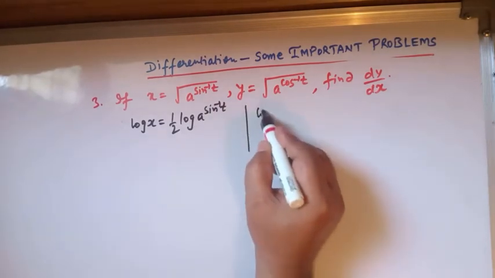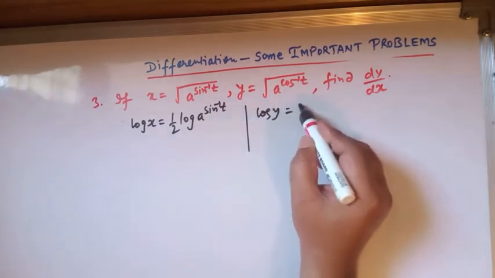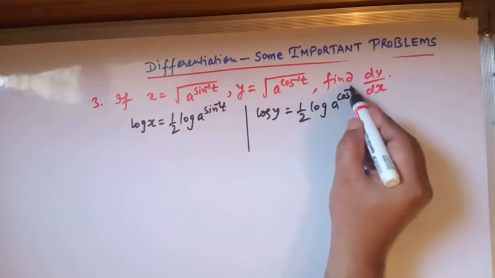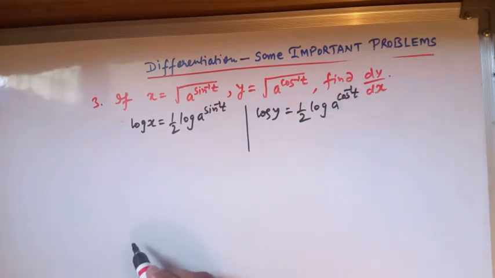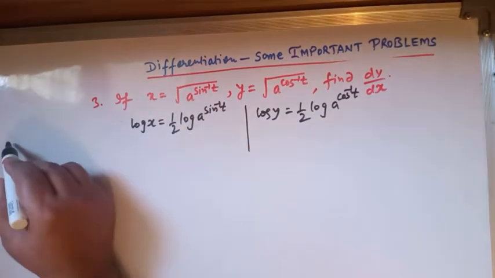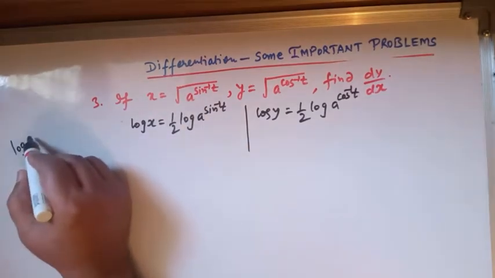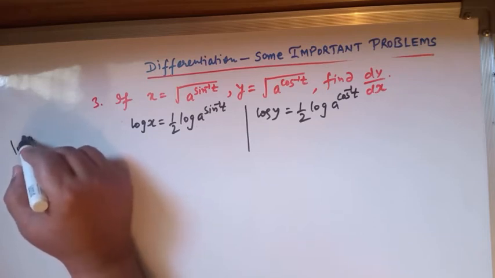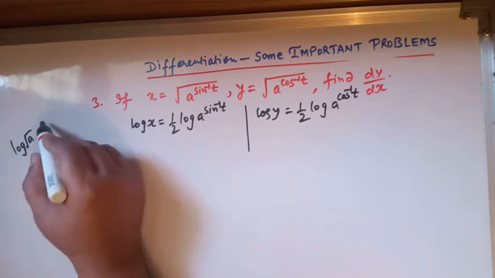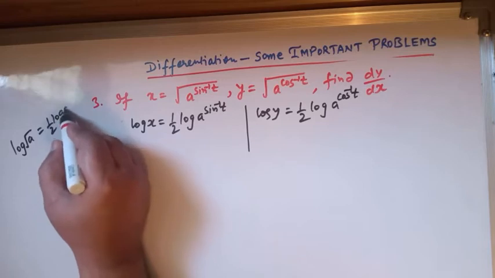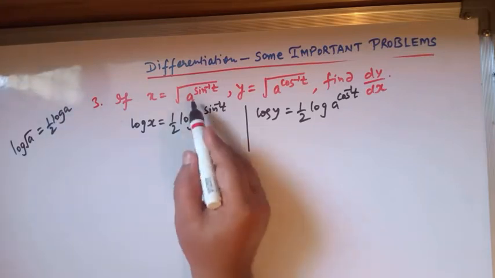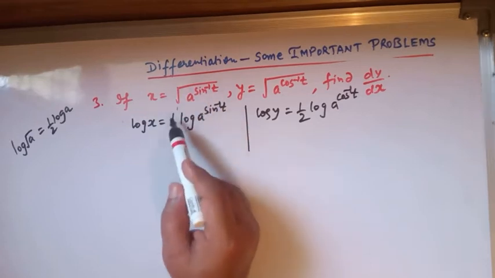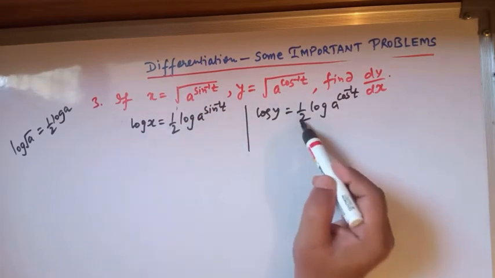Similarly, here we have log y is equal to half of log of a raised to cos inverse of t. Clear? Because we know that log of a raised to square root, that is a raised to half, is half of log of a. So in place of a square root we have half here, and similarly here we have half.